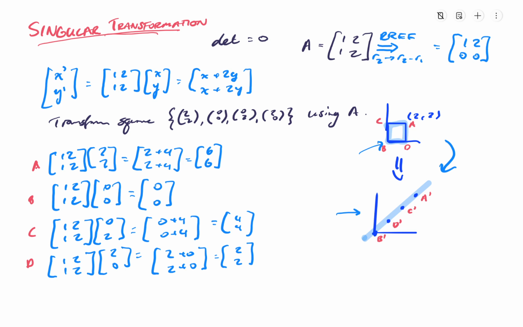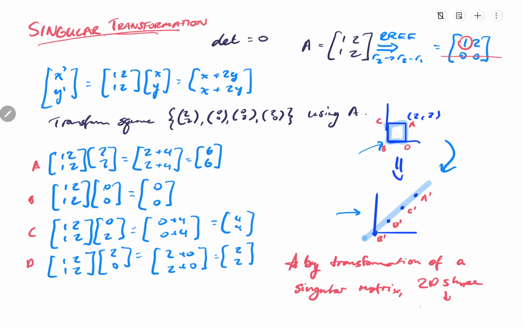So since we have one leading one, one dimension is kept and the other one is gone. So obviously we went from a 2D shape to a one-dimensional line. So the key point here is that by transformation of a singular matrix, we went from a 2D shape to a one-dimensional line.